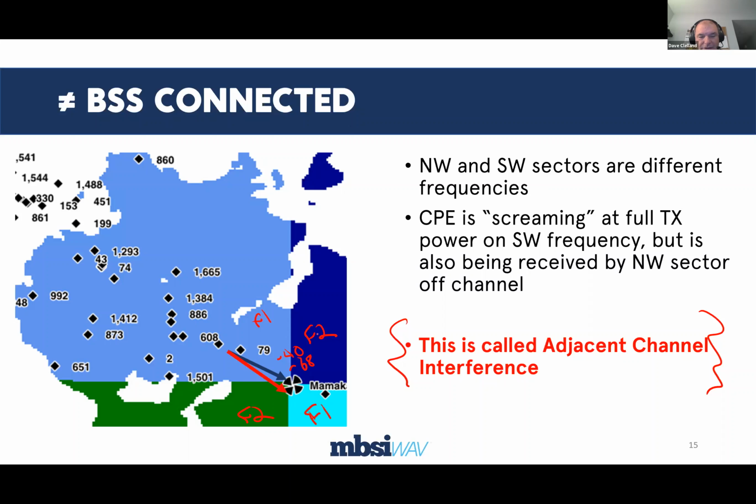So now he is increasing the noise floor by about 20 dB. That's our problem. If this noise floor is increased by 20 dB, then what happens here? The base station then tells all of these CPE to turn up the power by that same amount of the noise floor.